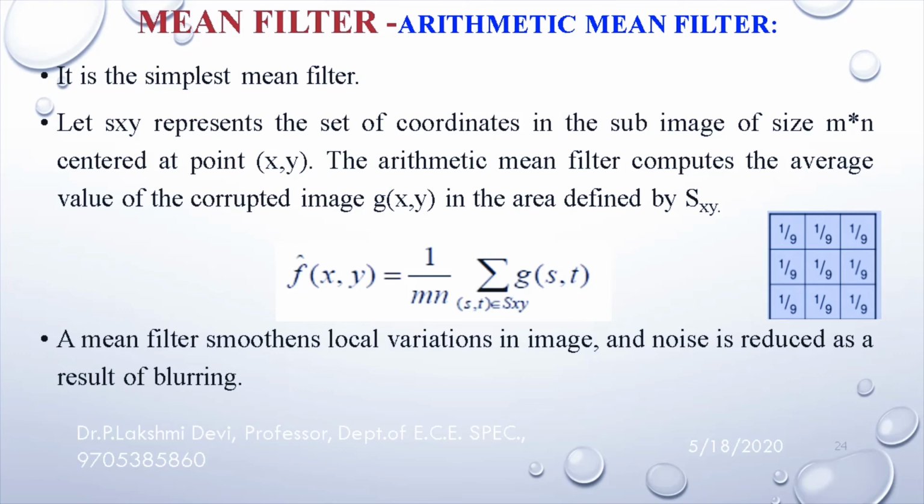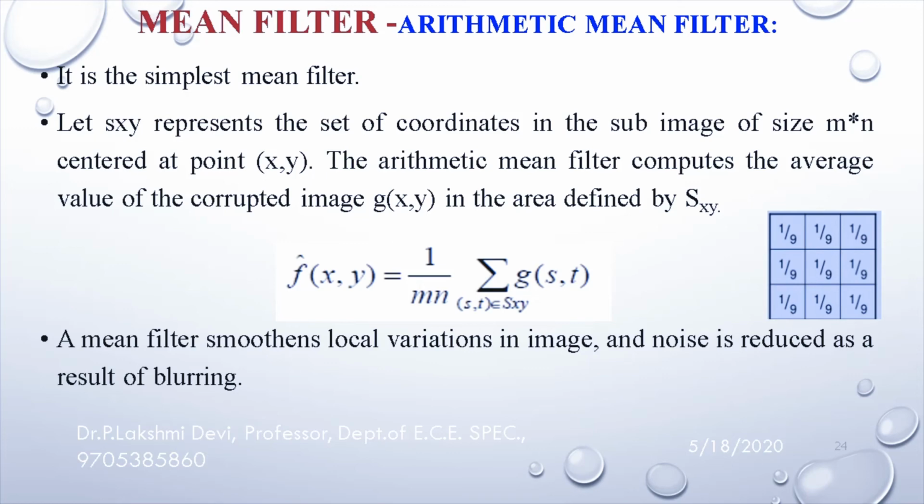So st is one of the coordinates of the given sub-image Sxy. The input of the restoration filter is g of xy, and we perform this operation by considering the sub-image Sxy with coordinates st. That is why the input is represented in terms of spatial locations as g of st.